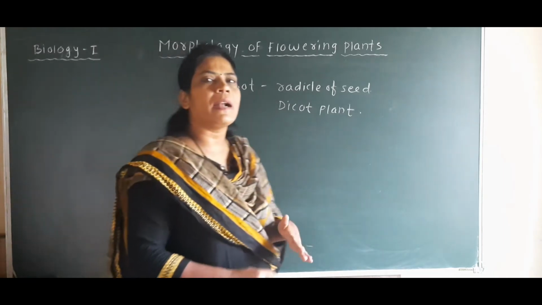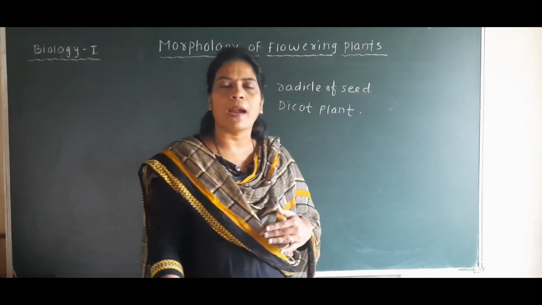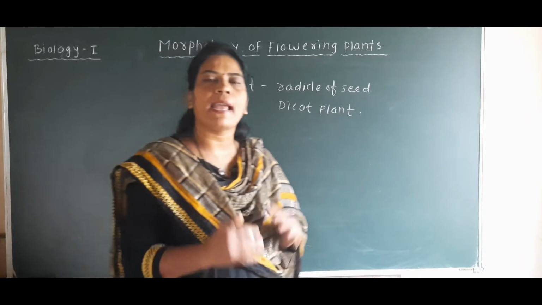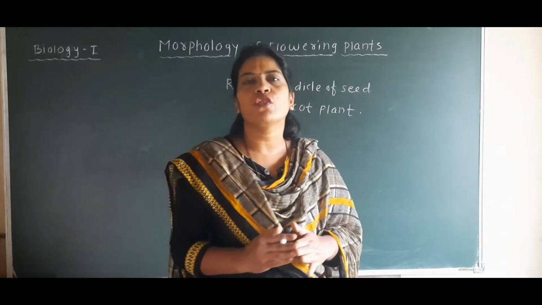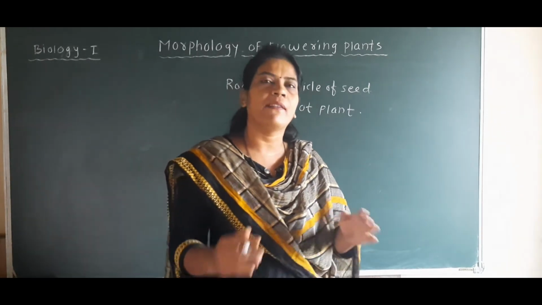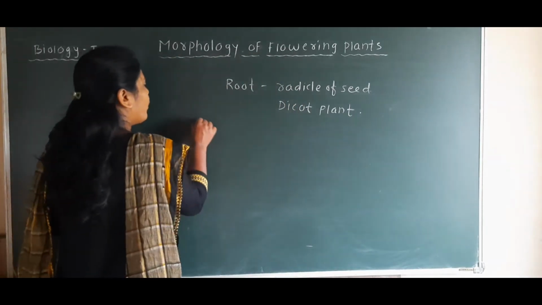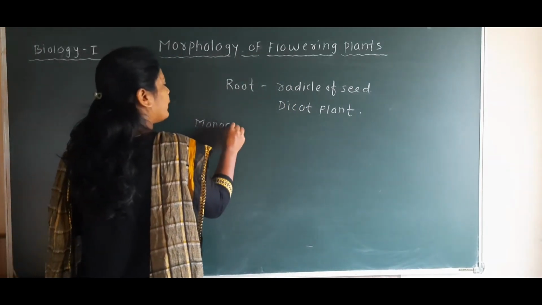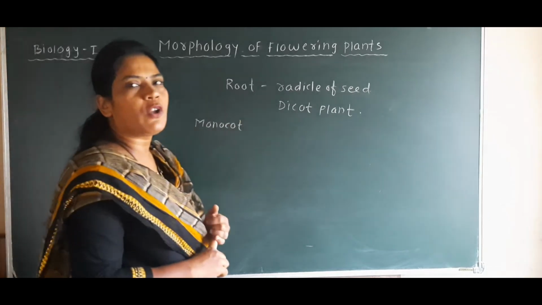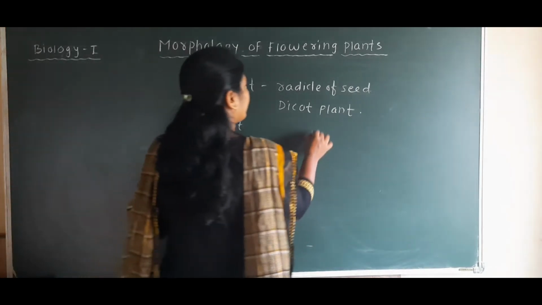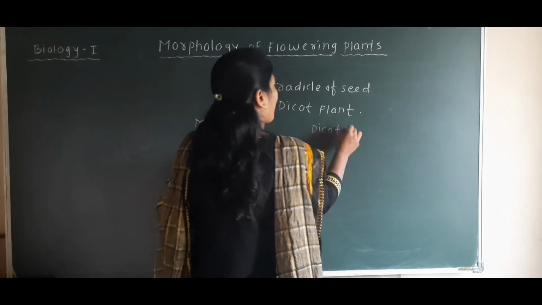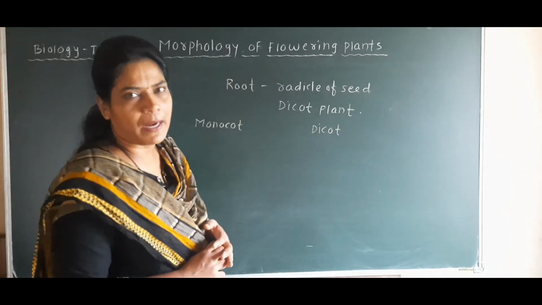So, a number of plants which we call flowering plants, or in other words angiosperms. These angiosperms or flowering plants are divided into two classes. One is called the monocot, or monocotyledonous plant, and another one is called the dicot or dicotyledonous plant.